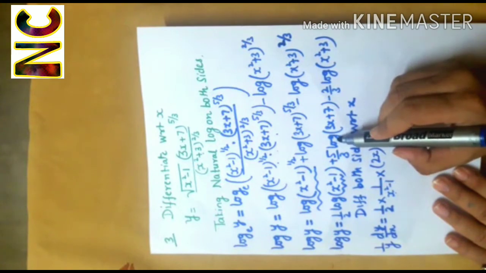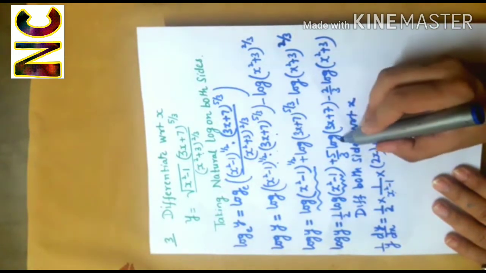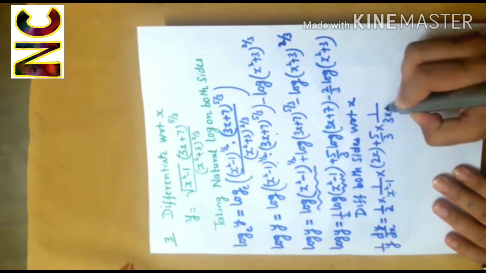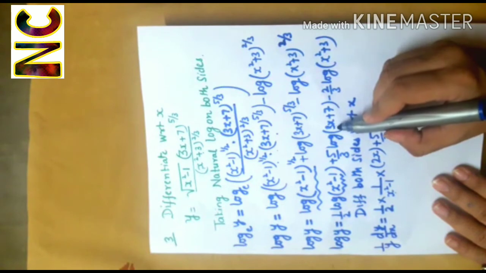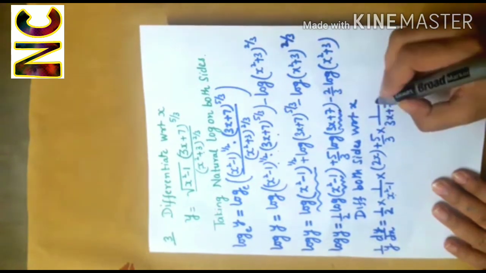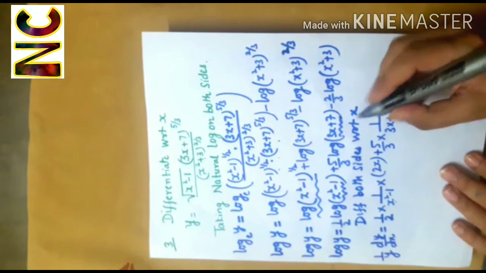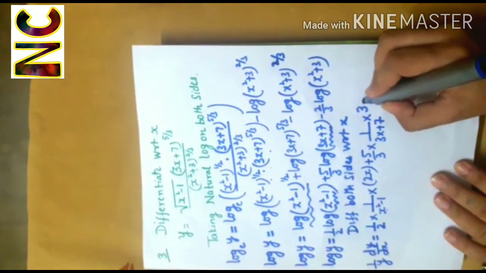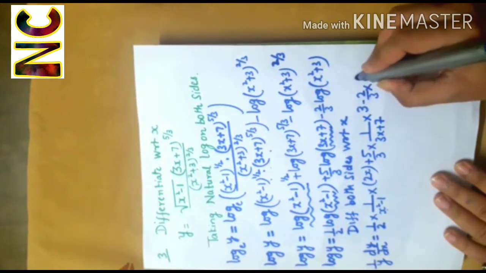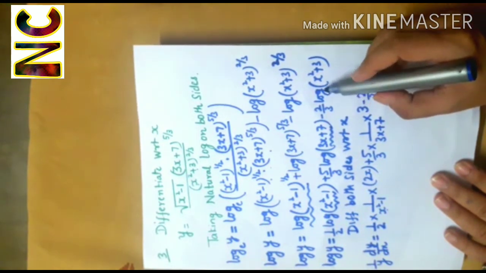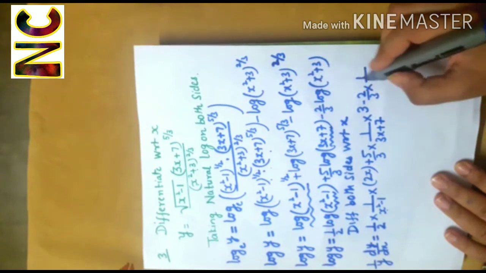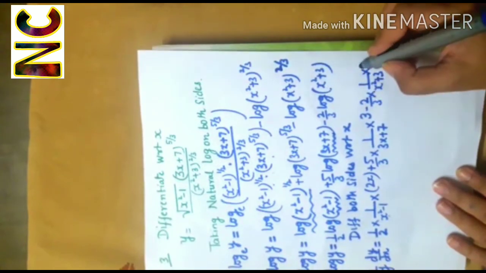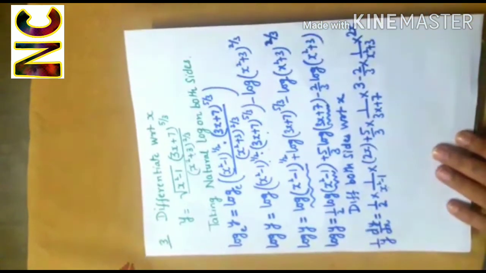The outer function is the log function, so the derivative of log x is 1 by x. So it will be 1 over 3x plus 7, the role of x being played by 3x plus 7, into the derivative of the inner function, which is 3, minus 2 by 3 into, again, the derivative of log of x square plus 3 will be 1 over x square plus 3 into the derivative of the inner function, which is 2x.